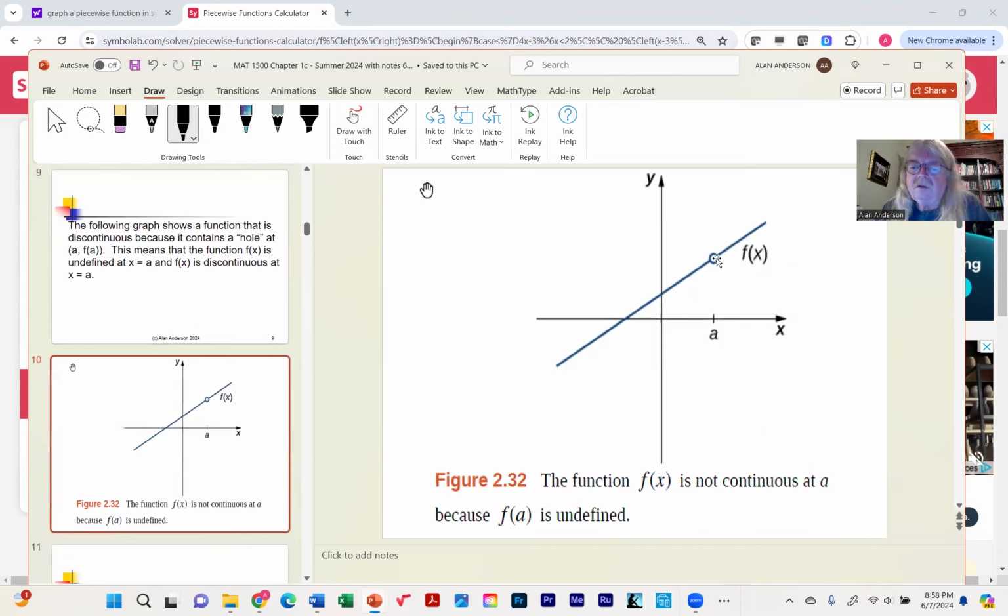So here, there's a hole. So f of x is not continuous because f of a is undefined. Doesn't have a value.